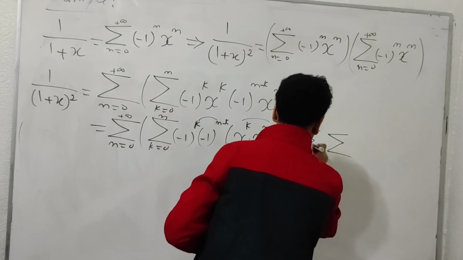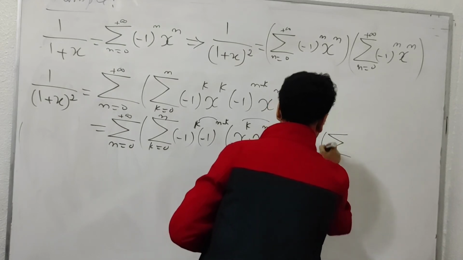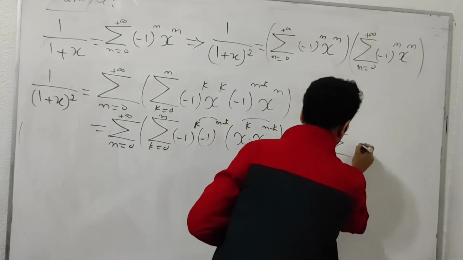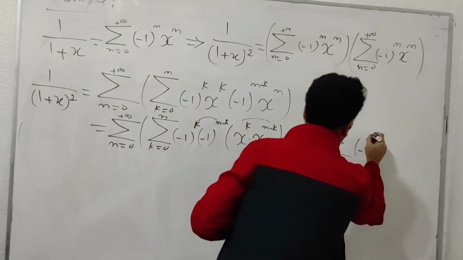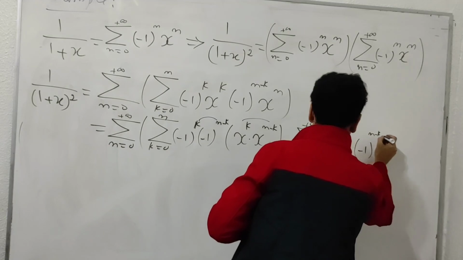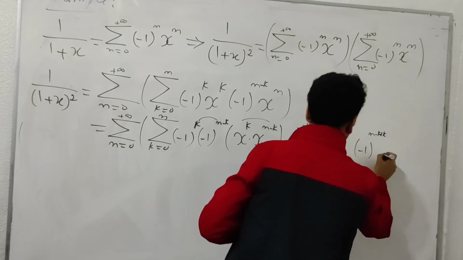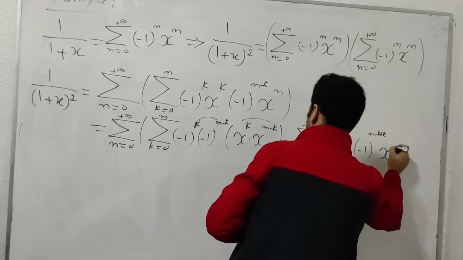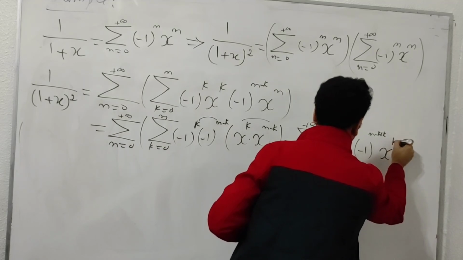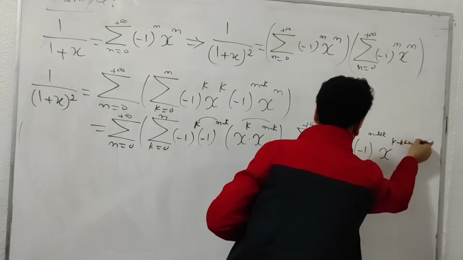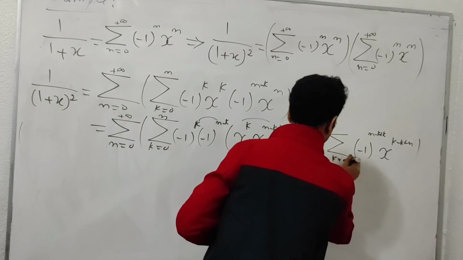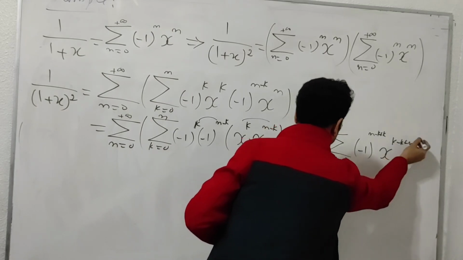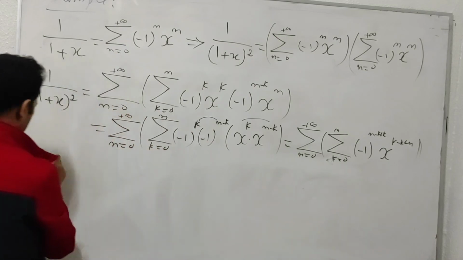So this gives us the first sum as n goes from 0 to plus infinity, multiplied by another sum, as k goes from 0 to n, of minus 1 to the n times x to the n.